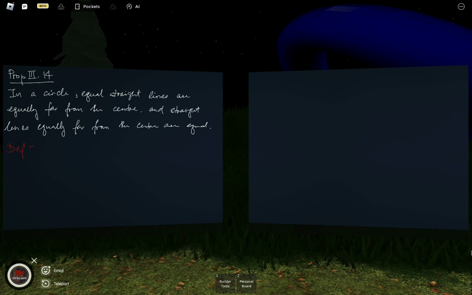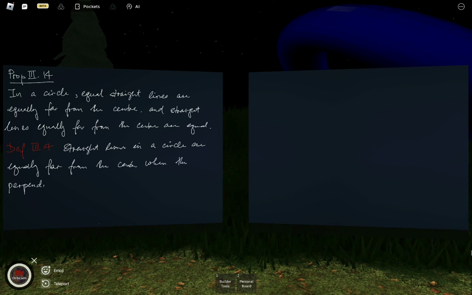So there's a definition, 3.4, which says that straight lines in a circle are equally far from the center when the perpendicular lines drawn from the center to the lines are equal.